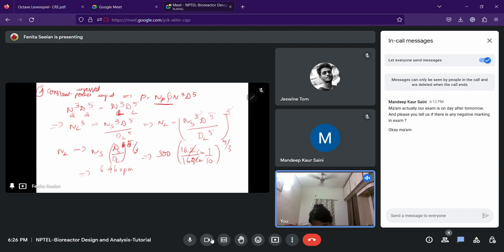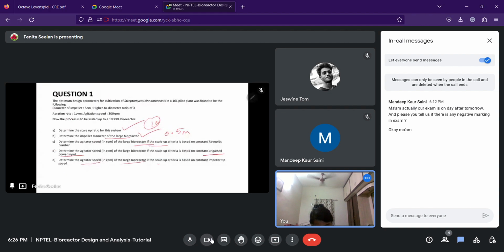So what is the next question? It asks to determine the agitator speed in rpm of the larger bioreactor. The scale-up criteria is based on constant impeller tip speed. So what is the criteria? How do we write that for constant impeller tip speed?